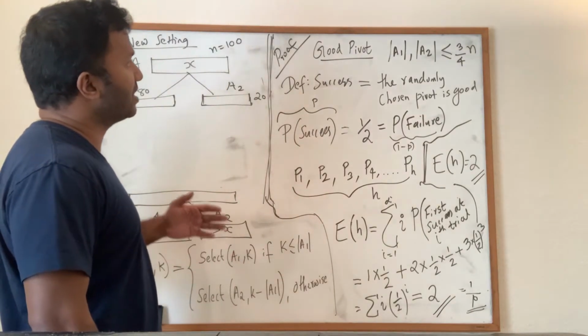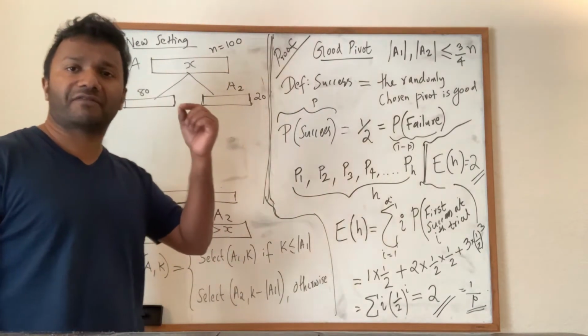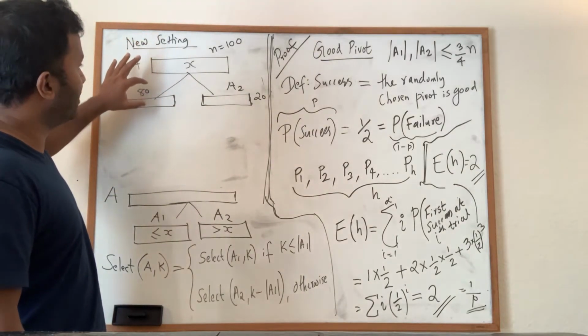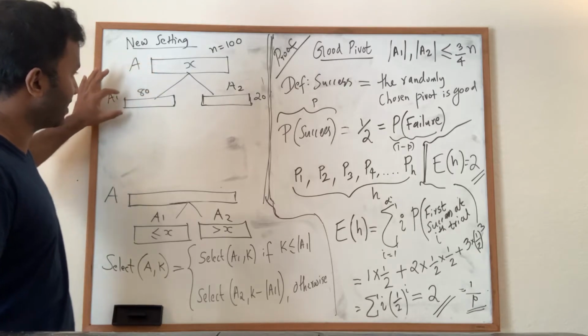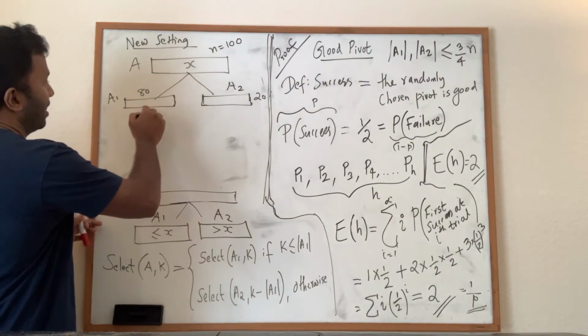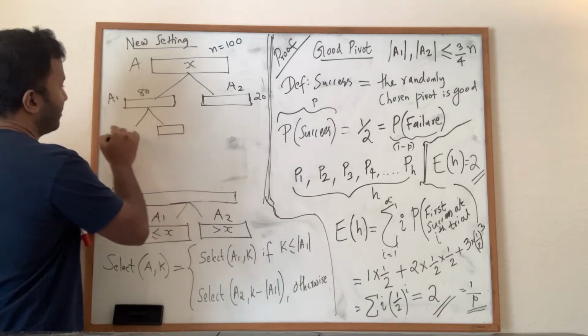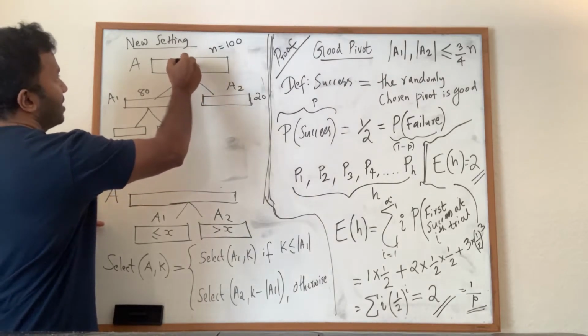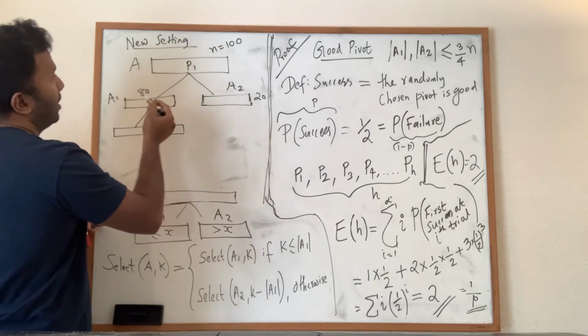What I'm going to do is, instead of finding a fresh pivot from this array, I will find a pivot from the larger subarray and try to split this again into two smaller ones. So this is my first pivot, let me call this pivot P1.